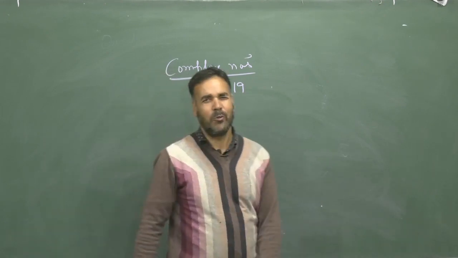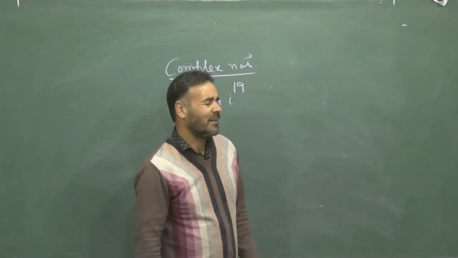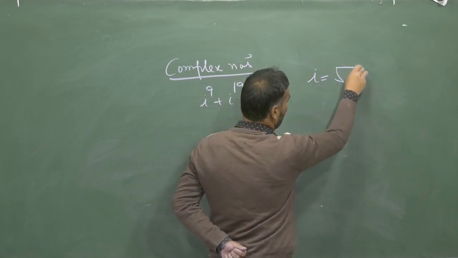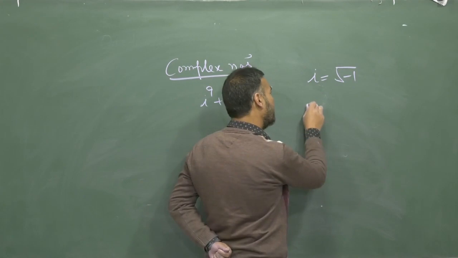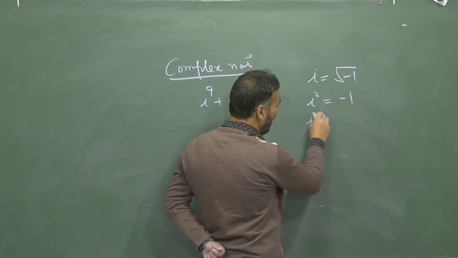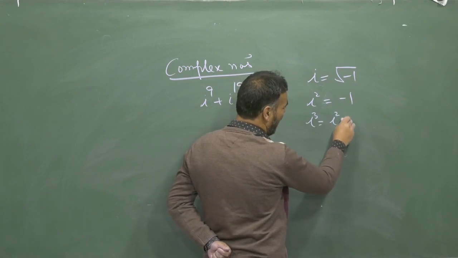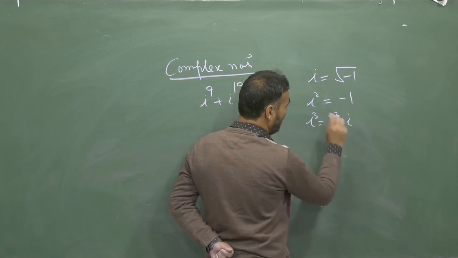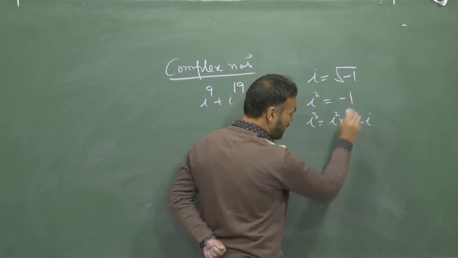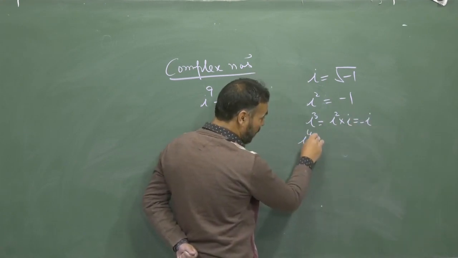Before we go through this, let us start from the very beginning. We know that iota is equal to square root of -1. Iota square will be equal to -1. Then iota cube will be equal to iota square into iota. Iota square is -1 into iota, it is minus iota. What about iota 4?